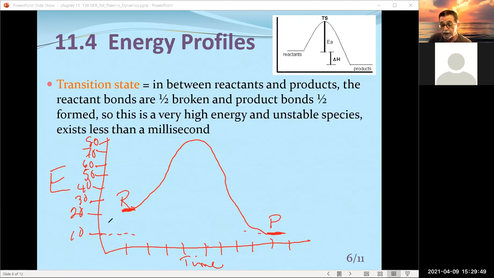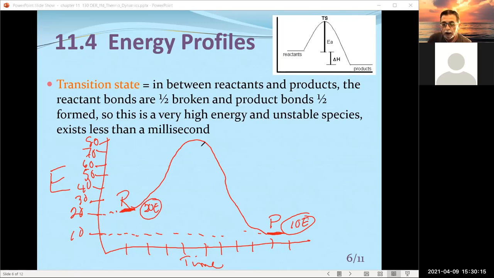You can see here that at the end of the reaction, if I extrapolate, my products end up at 10 energy units. I begin with my reactants at maybe about 20 energy units, roughly, okay? I'm putting numbers in here so you can graphically see this.